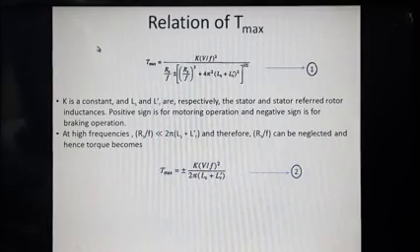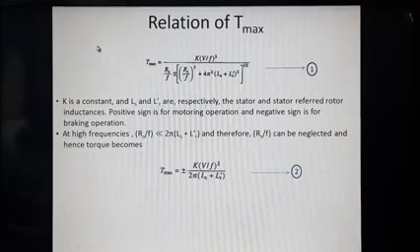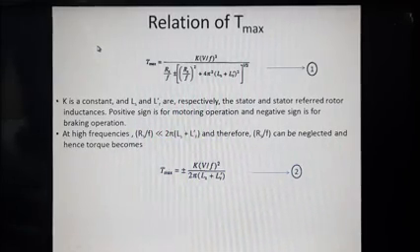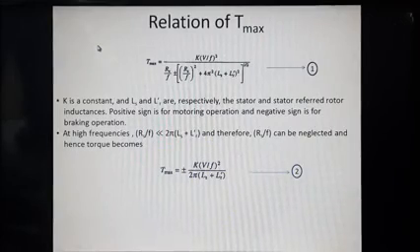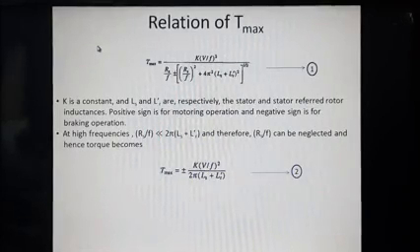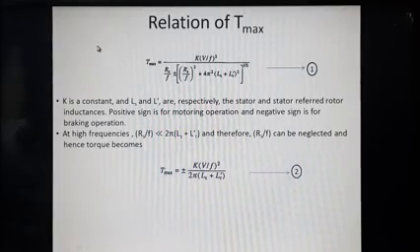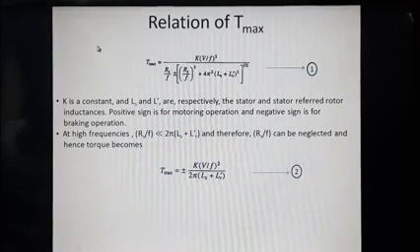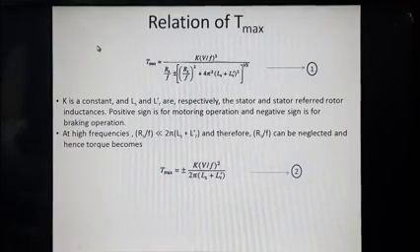In all other cases of frequencies below the base frequency, meaning 50 Hertz, the value of Tmax almost remains constant both in motoring operation as well as braking operation, because in that particular case the value of Rs by F can be neglected. So the equation number 2 will come to picture.